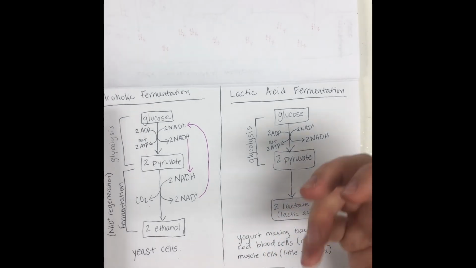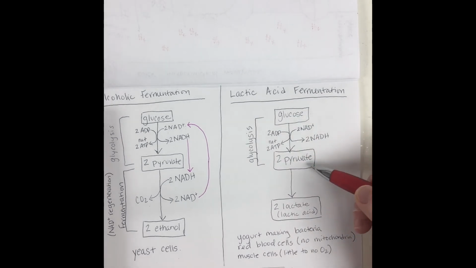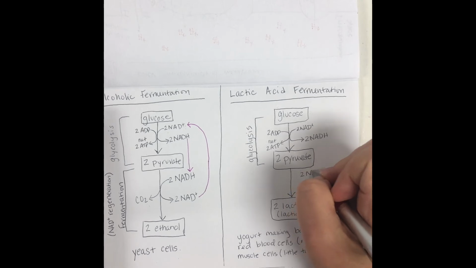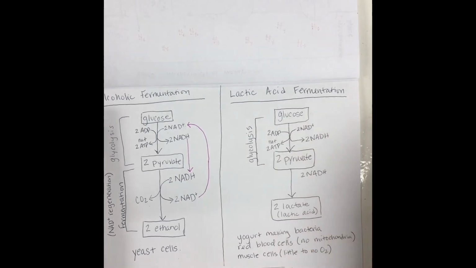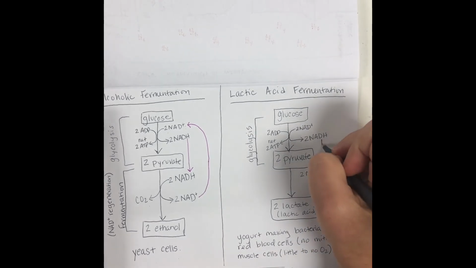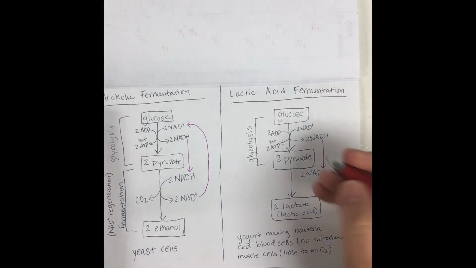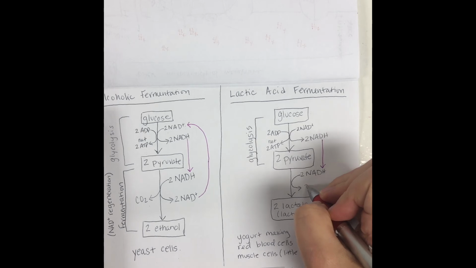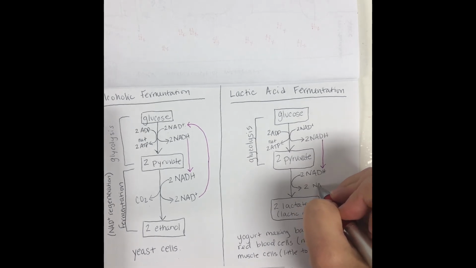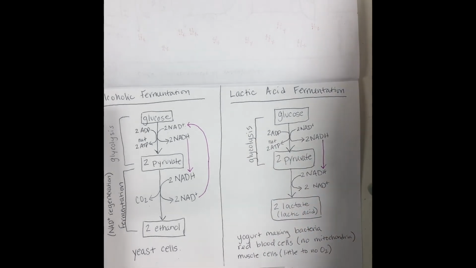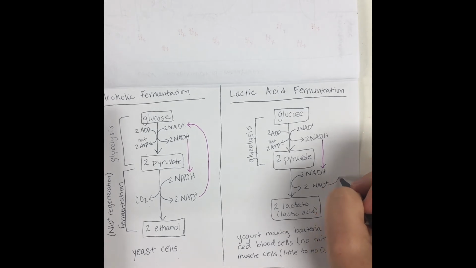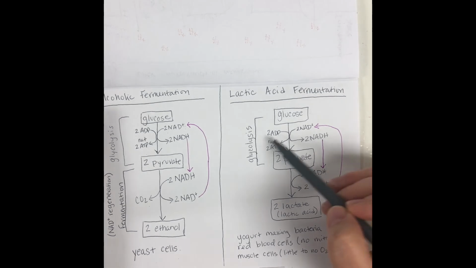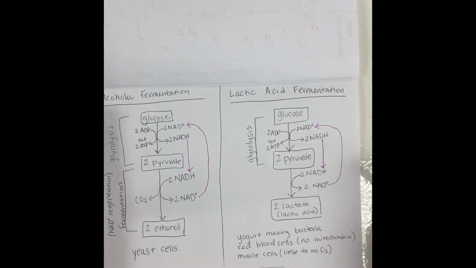Okay, and guess what we're going to use to go from this pyruvate to lactate? We're going to use these 2 NADHs that we just made in glycolysis. We're going to input them, drop off our hydrogen and our electrons, and we're going to make 2 NAD pluses so that they can go up and be used to regenerate more ATP.